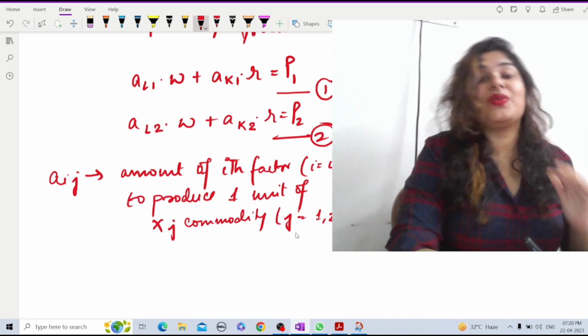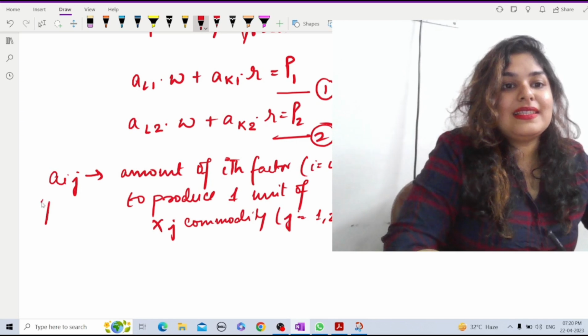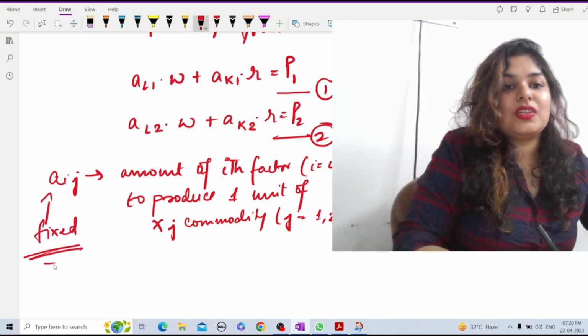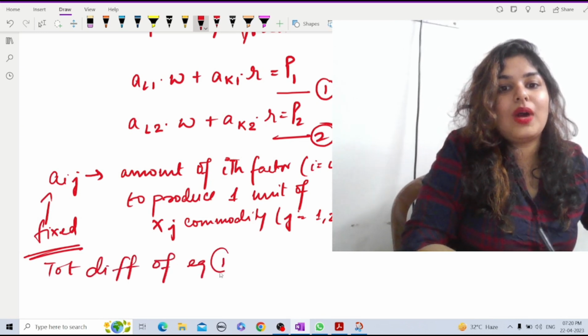That means we are talking about the x1 and x2 commodities, right? Now again, these coefficients are fixed. So let us take the total differentiation of equations 1 and 2.